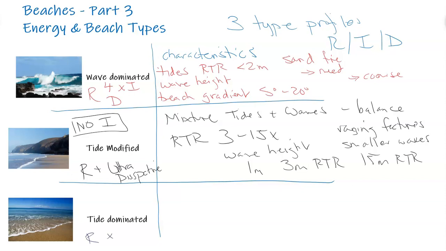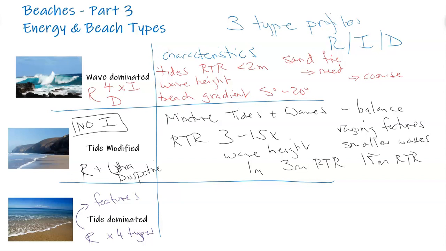And there's 4 types of reflective based on the different features. Each one has a certain feature. So they have 4 different types of reflective beach profile created by the tide-dominated energy process, pretty much.